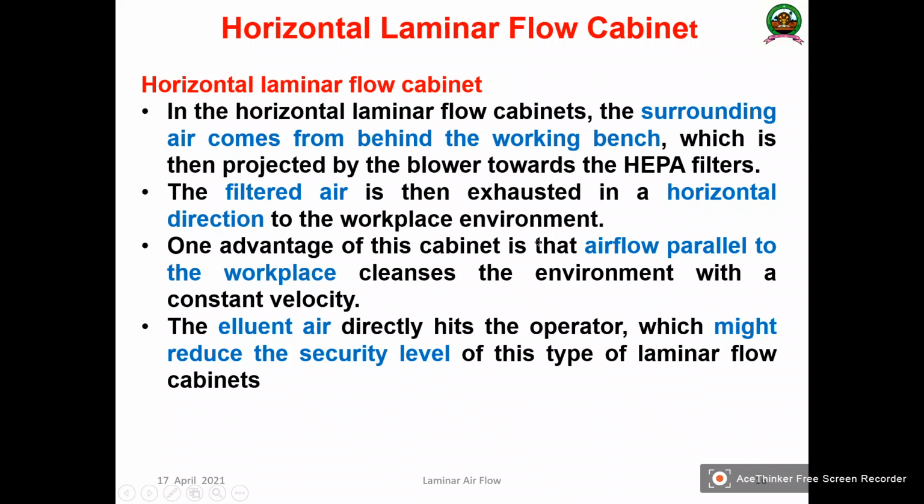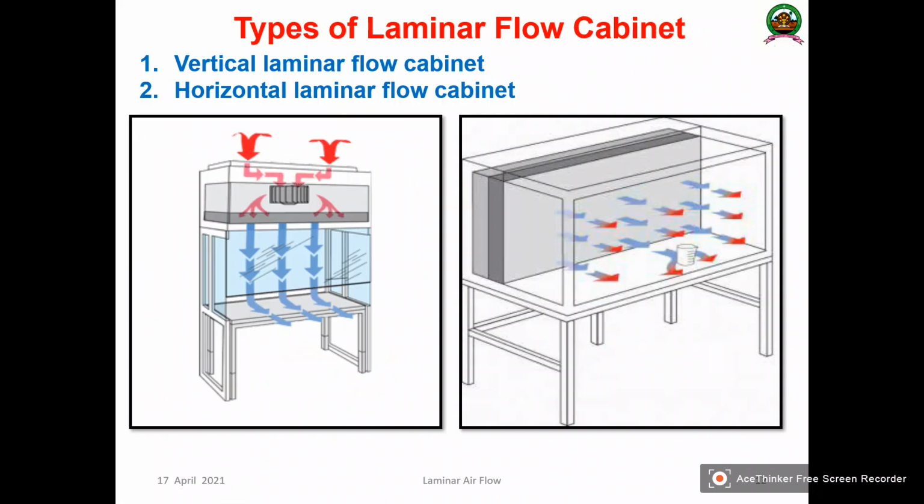One merit of this cabinet is that the airflow is parallel to the workplace, which cleans the environment with a constant velocity. The effluent air directly hits the operator, which might reduce the security level of this type of laminar airflow cabinet. Here you can see the direction of air towards the user.